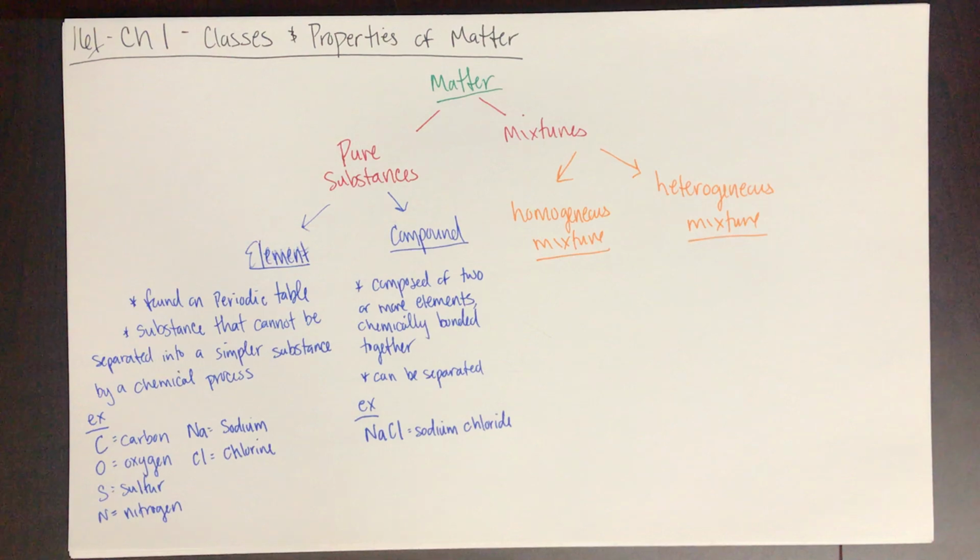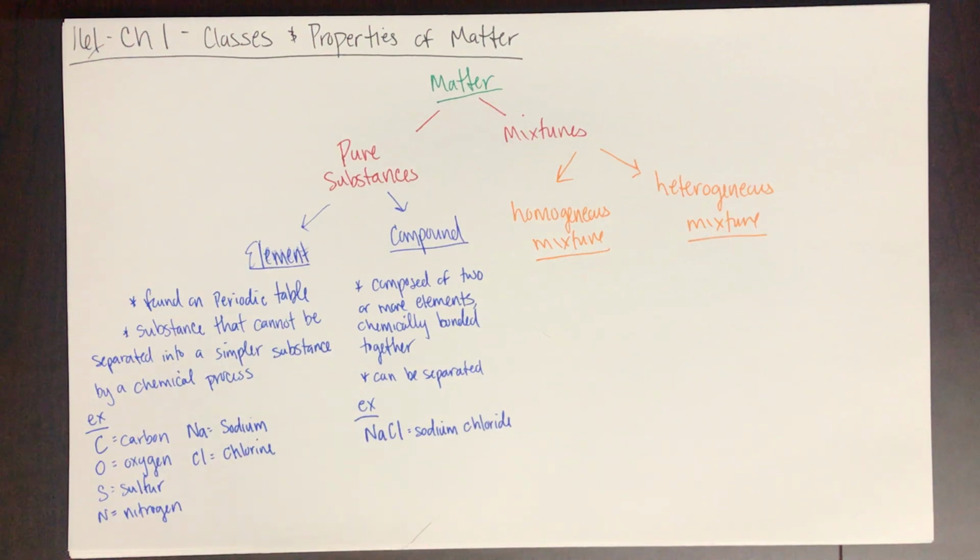There are a lot of examples of compounds. They are made up of 2 or more elements that are chemically bonded together. We are going to spend a whole lot of time on this later, talking about how compounds are made, what types of bonds hold them together, how they're named. All of that is coming. But a compound is a type of pure substance. It's made of 2 or more elements that are chemically bonded together, and it can be separated.